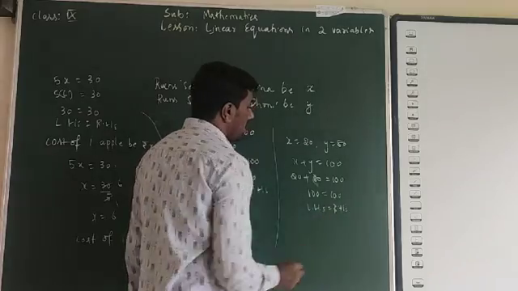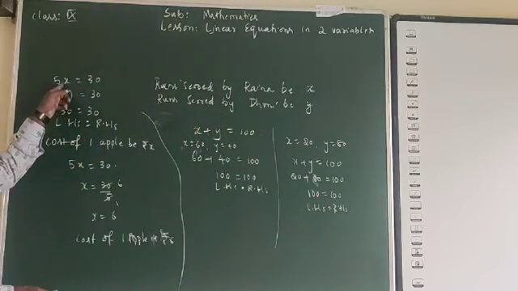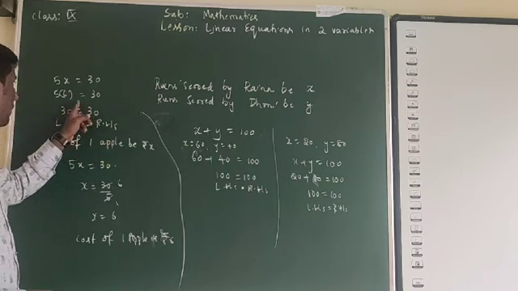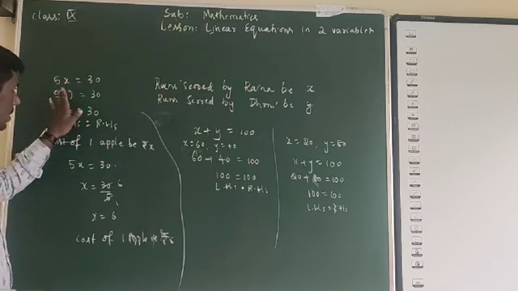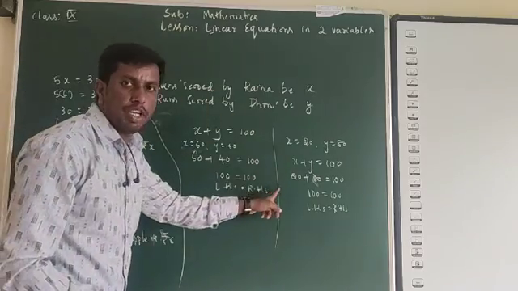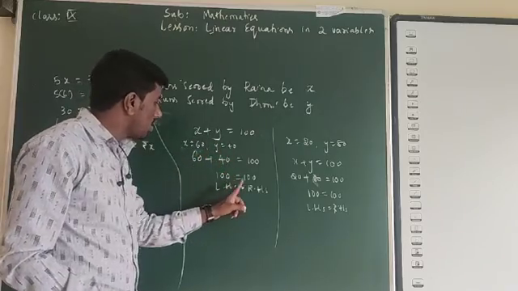You can observe that in the linear equation in one variable, I get only one unique value for which LHS is equal to RHS. Apart from that value, for any other value, LHS is not equal to RHS. Whereas in the linear equation in two variables, x is equal to 60, y is equal to 40 gives LHS equal to RHS.